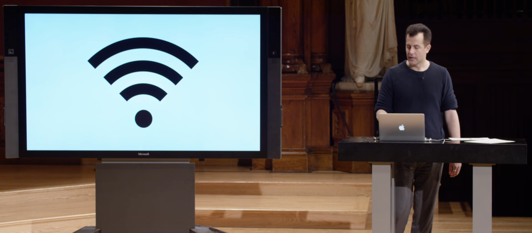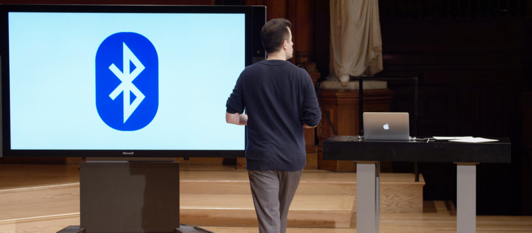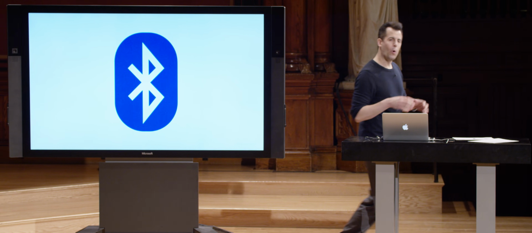But not everything operates over Wi-Fi. In fact, devices that you might want to connect to your computer without a cable would tend to use not Wi-Fi, but another wireless technology called Bluetooth, that Windows computers and Macs alike support these days. So if you have a wireless keyboard at home or at work, or a wireless mouse, or any number of other devices that are wirelessly communicating with your computer, perhaps even your headphones these days, odds are those are using a technology called Bluetooth, which has a limited range of just so many feet.